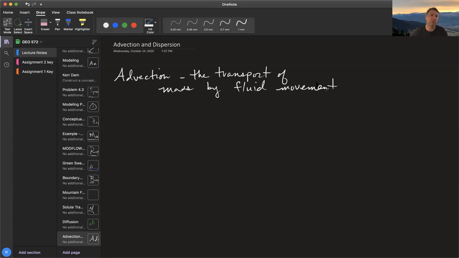All right, so this is the groundwater flow moving solutes along with it.